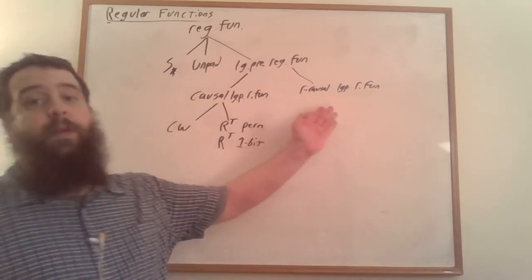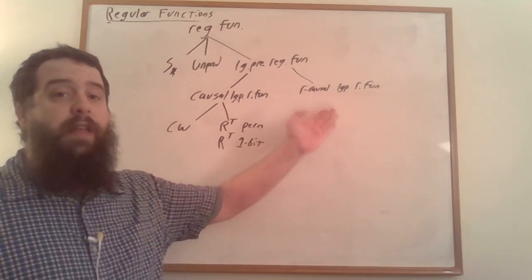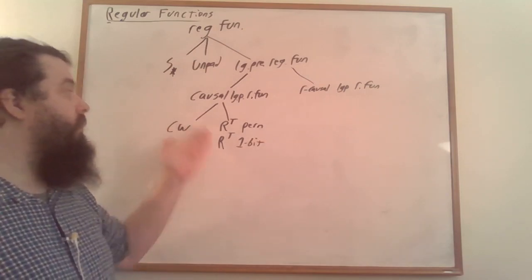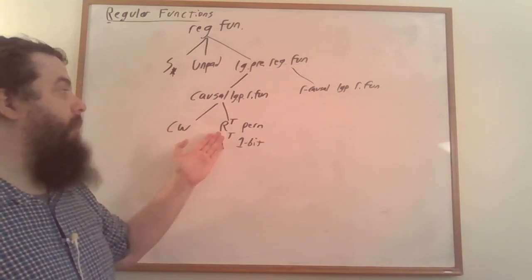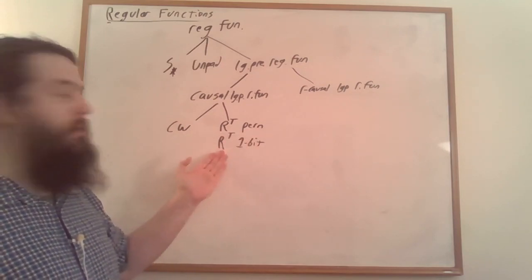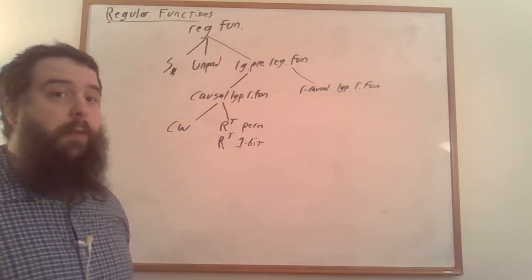And similarly, we can break down reverse causal length-preserving regular functions into characterwise maps and reverse truncated run maps for permutation automata and reverse truncated run maps for 1-bit memory automata.